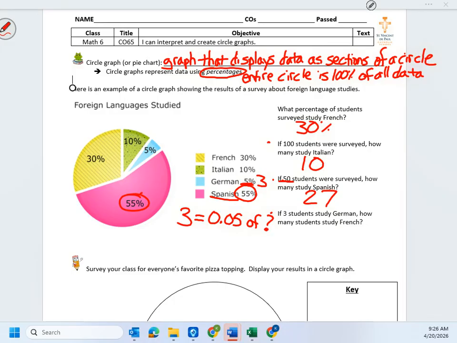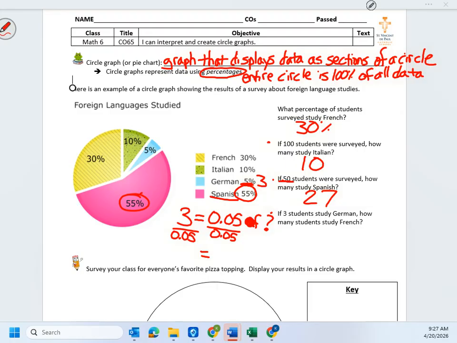So that's what we're looking for. So we need to do opposite operations. We know of means we're multiplying. What's the opposite of multiplying, Alex? Dividing. We're gonna divide by that 0.05.